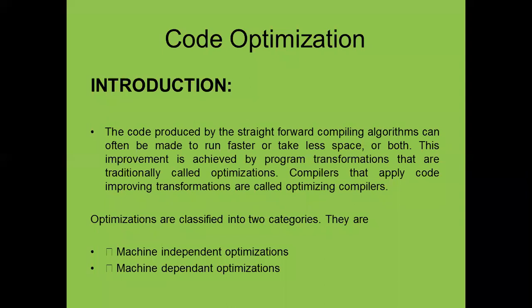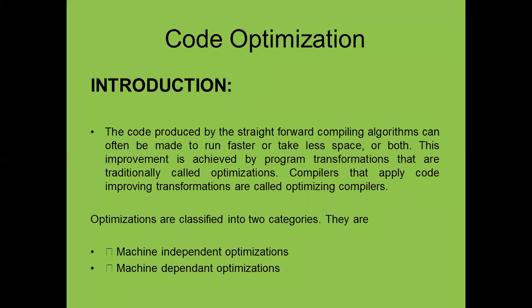Our target is that the program must run faster or occupy less space, because there is a conflict between the space requirement and the memory requirement. So the program must run faster and occupy less space, or we can apply both cases.